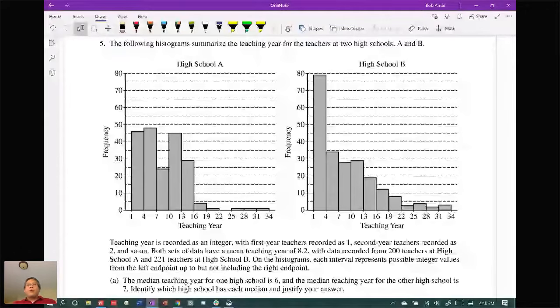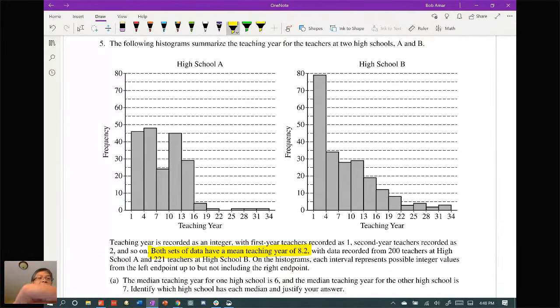Okay, and so what we need to do is actually figure out, do we have the information here? The means are the same. You're told that the means are the same. Okay. But do we have enough information to figure out what's going on? We know that there are 221 teachers at high school B. Okay.